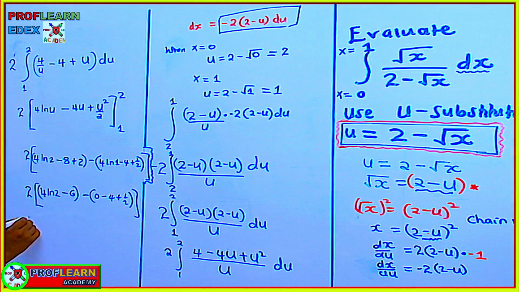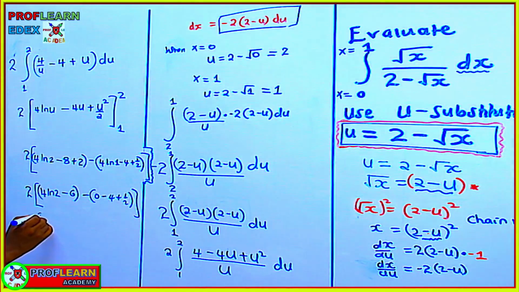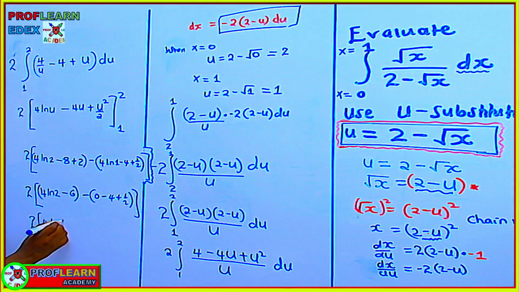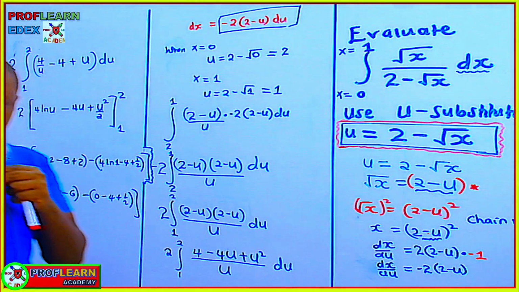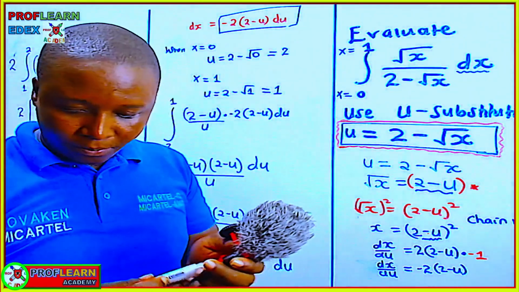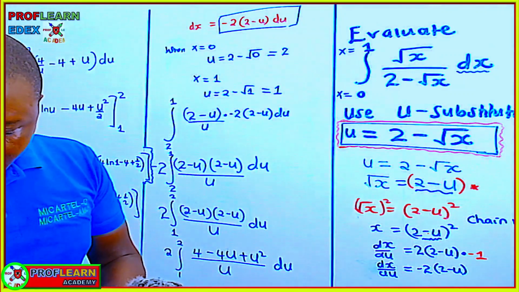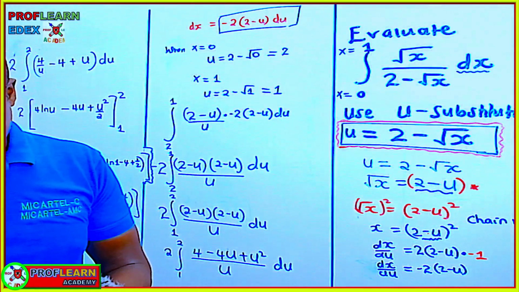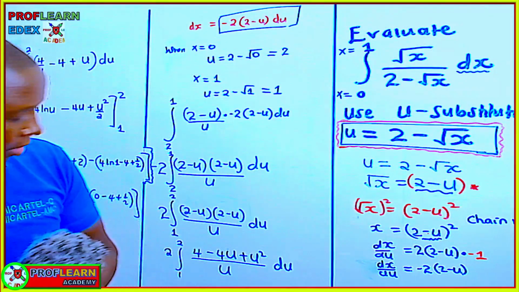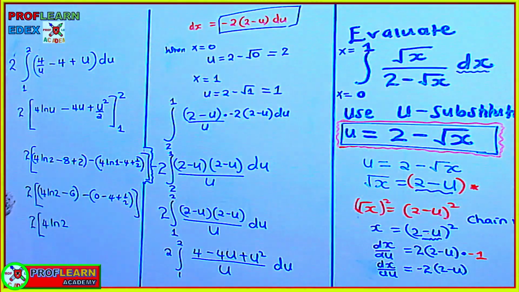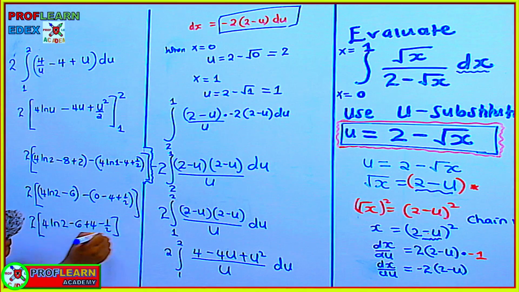Whatever we have in bracket here will be simplified to 4 ln of 2, because we're going to leave our answer in exact form. Let's see what we are going to have, because I'll be having minus 6. This is actually minus 6. Minus minus becomes plus 4 minus 1 over 2.